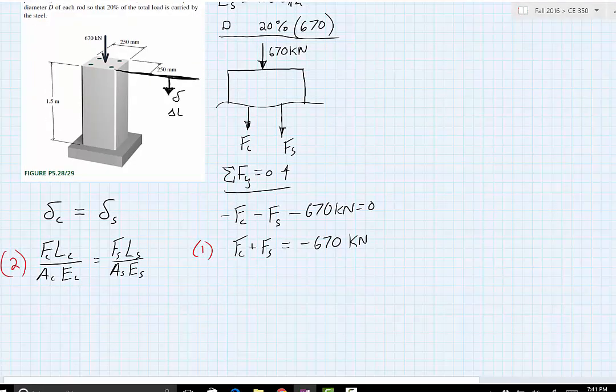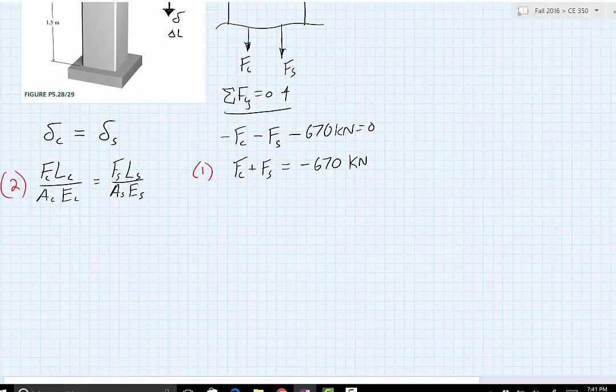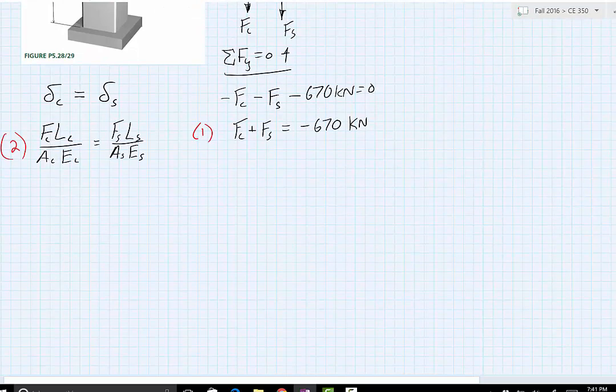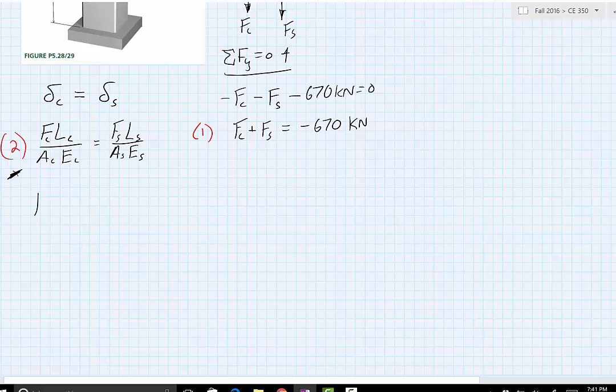So now, from our algebra skills, we have 2 equations and almost 2 unknowns. There's 3 unknowns, or 4 unknowns actually in this case, but we can do some manipulation. We'll solve equation 2 for F sub C. So F sub C, I'm just taking all the other variables and multiplying them to the other side.